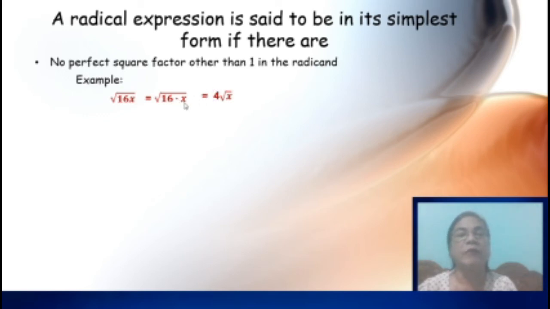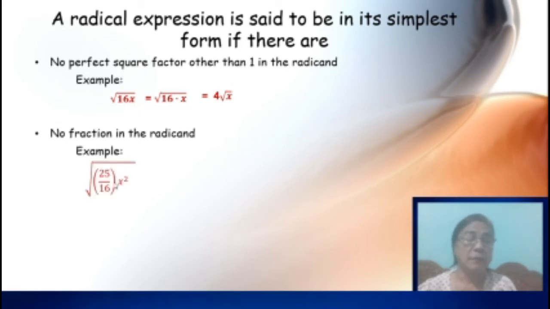And the square root of x, since it could not be extracted anymore, will stay inside the radical sign, and it turned out to be the radicand. So how do we read this? That is 4 square root of x. So this is the simplified form of square root of 16x.